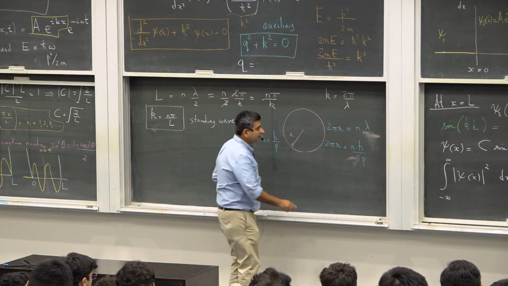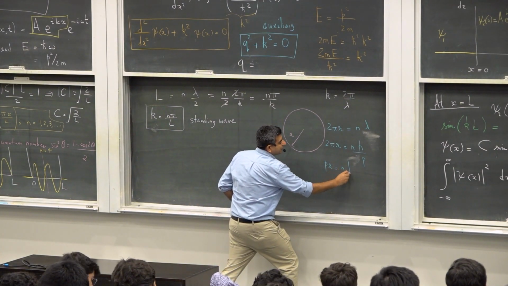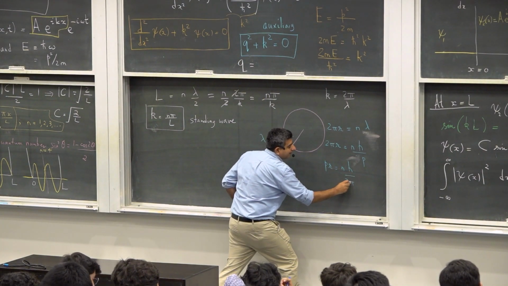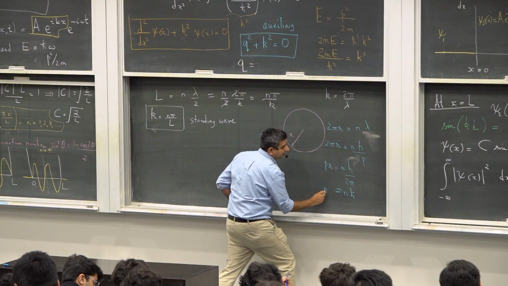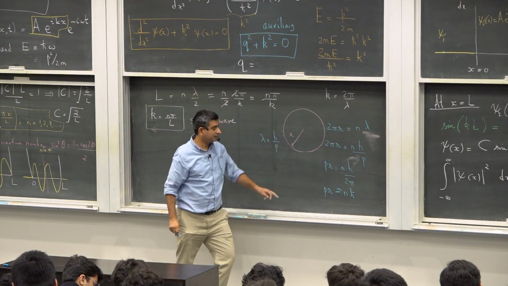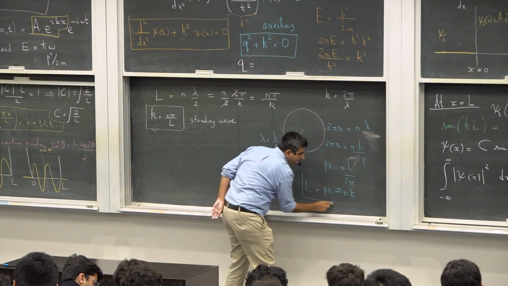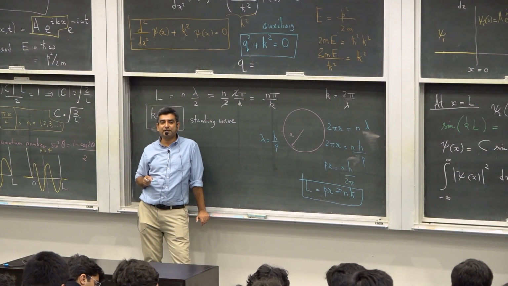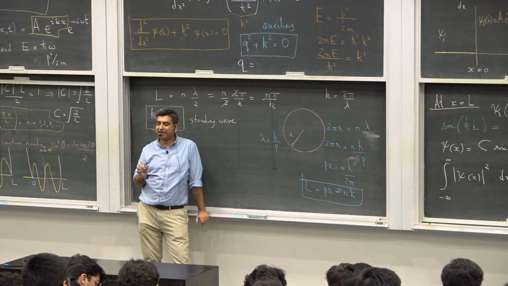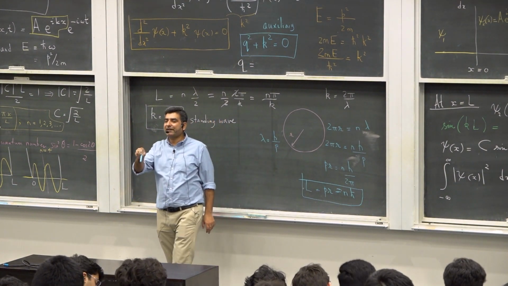So this is the condition. If I write this as pr equals n h over 2 pi, this is n h bar, this is pr. But what is pr? Angular momentum. So Bohr used similar ideas to tell us that the angular momentum of an electron inside an atom is quantized.